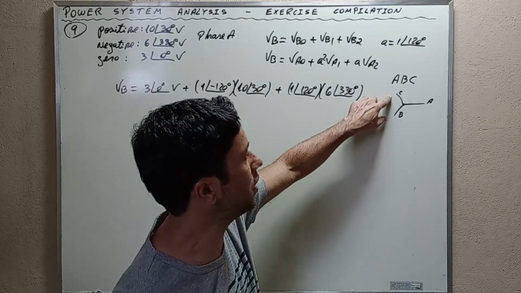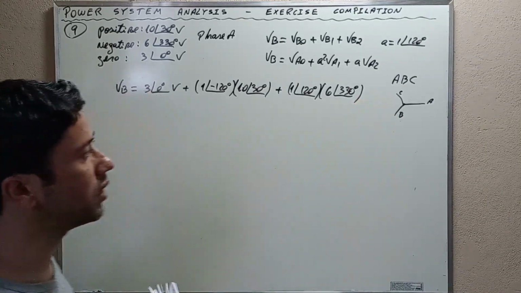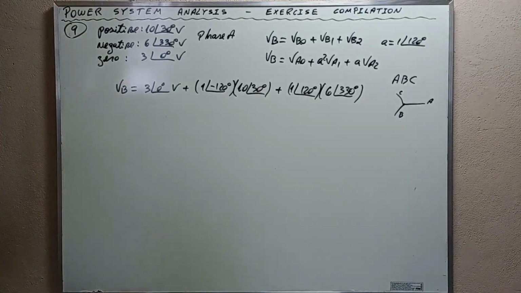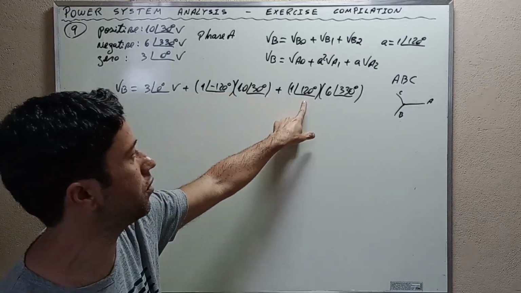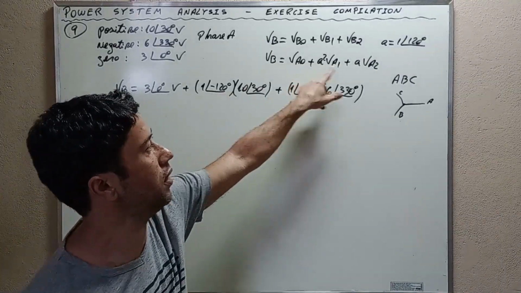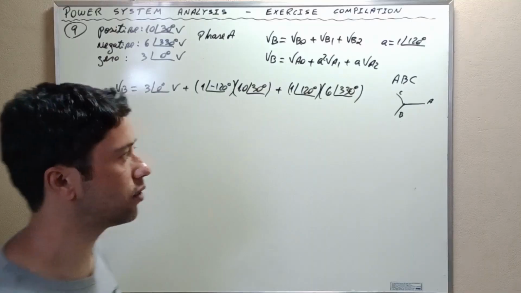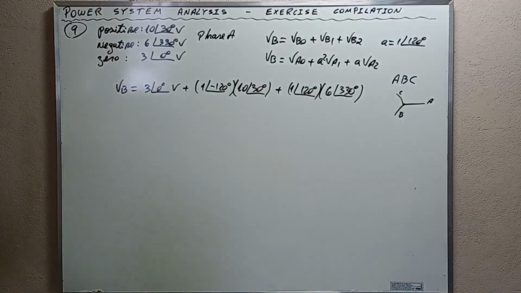And the C is gonna lead A by 120 degrees, okay? That's why we use these operators here, the operator A and A squared. Alright, my friends? And now it's simple mathematics. You have to learn how to deal with complex numbers, okay?